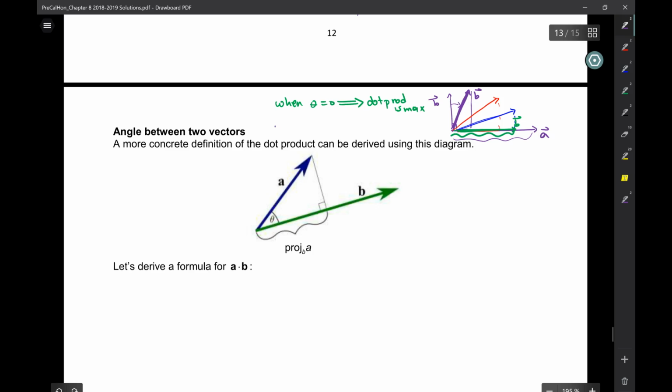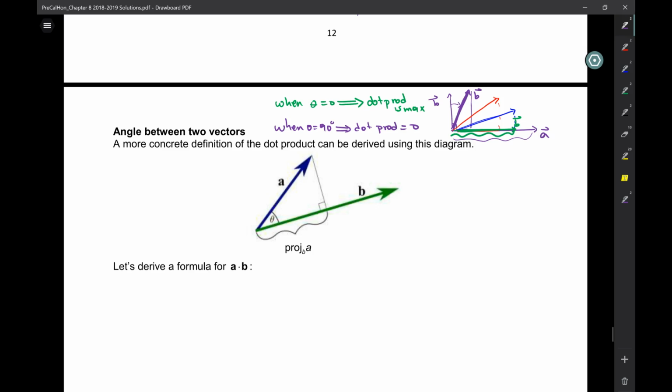And we had said when theta equals 90 degrees, the dot product is how much? 0. Okay. We are going to talk about that though.